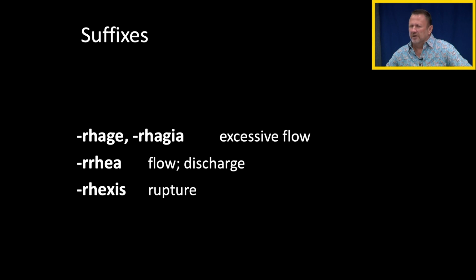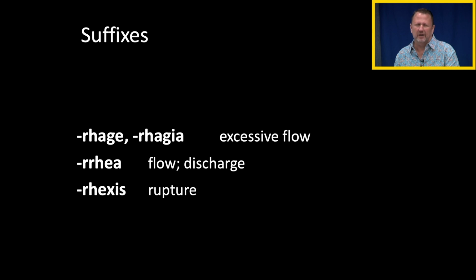Rrhagia or rrhea just means excessive flow or discharge of something. So rhinorrhea is mucus or other substances flowing from the nose. Rhexis means to rupture something, and so if something gets ruptured, we'll call it rhexis.